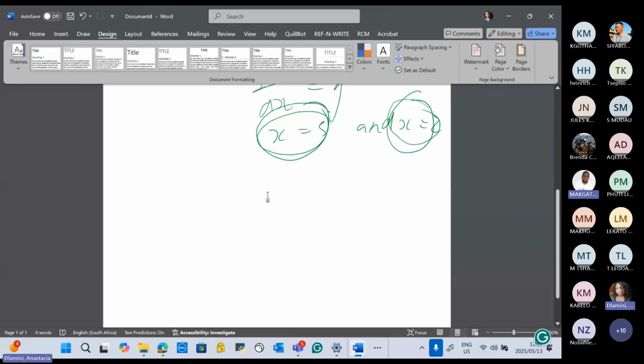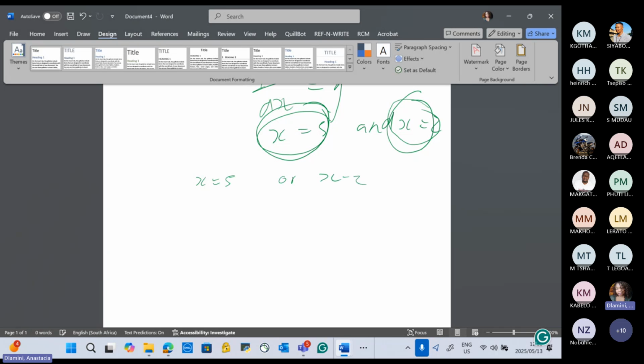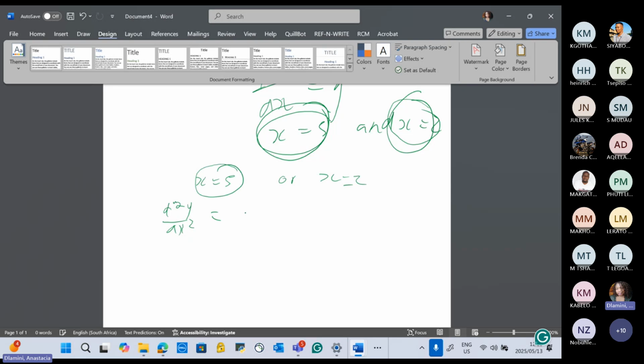Okay, so all those derivatives are like this. You see, we get x equals 5 or x equals 2, right? Then we take x equals 5 and x equals 2 to the second derivative and substitute. Let's say for 5, we get the second derivative equal to 0. We differentiate to the third derivative because 0 doesn't mean anything.